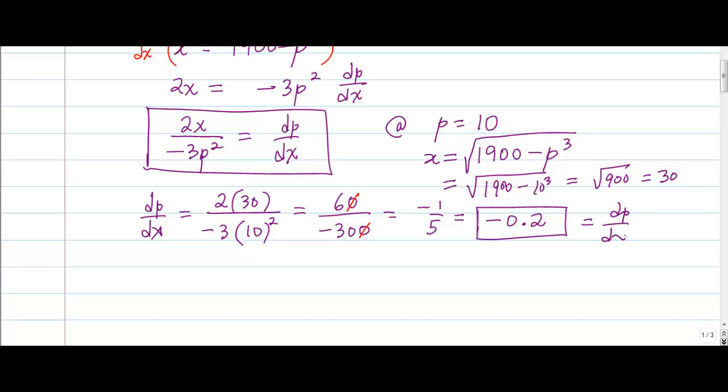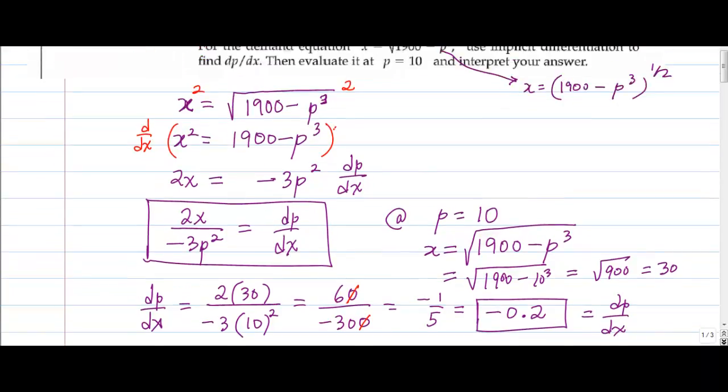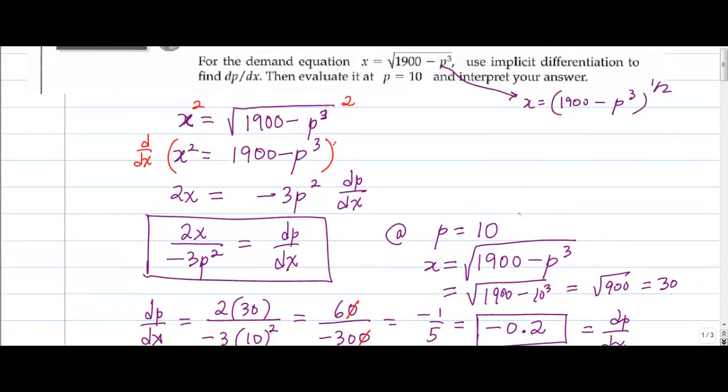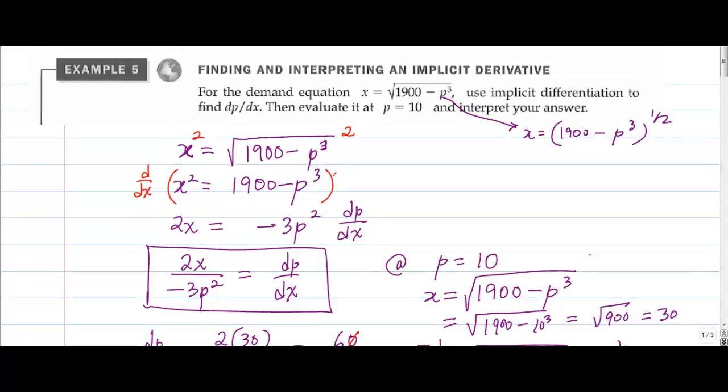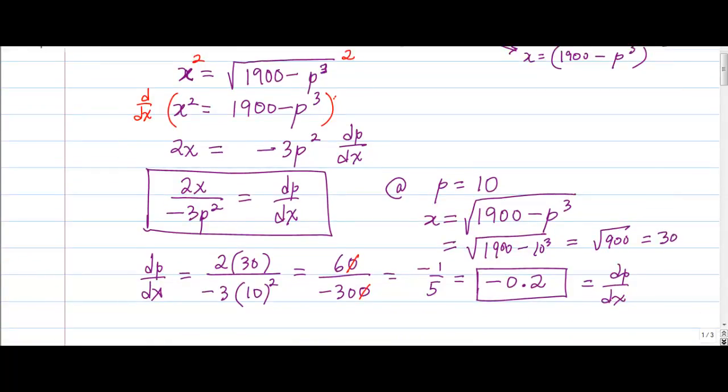Now what does this tell you? We have to interpret the meaning, right? Let's go back up here. So this is a demand equation, right? P probably stands for price, and X is the number of items. Okay, that's usually standard. And the demand, the number of items, is based on the price, right? We have X as a function of P, so the number of items sold is dependent on the price.